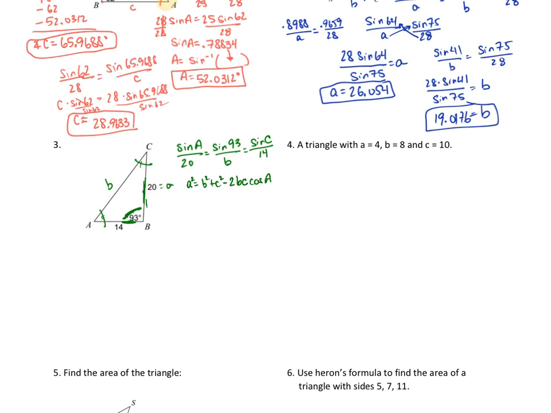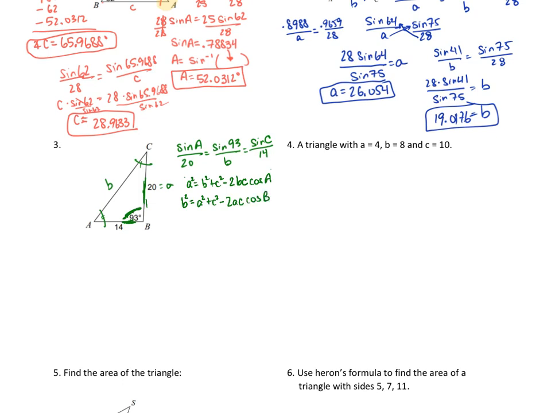If I use this version of it, remember it starts with A, ends with A, it won't work. So I want to rewrite it so that you can see a version that will work: b squared equals a squared plus c squared minus 2ac cosine B.